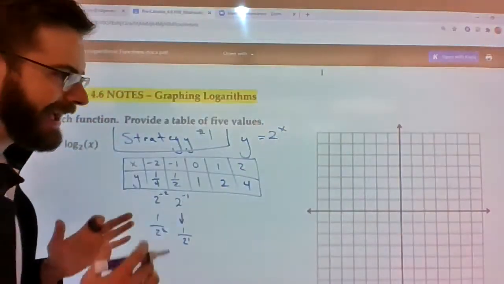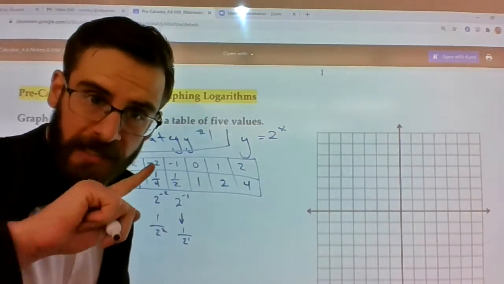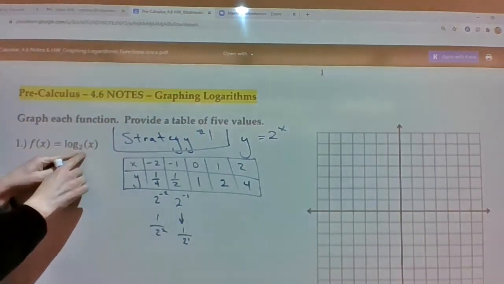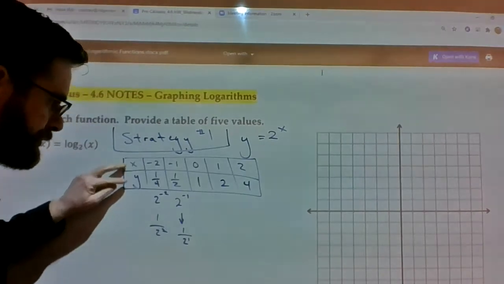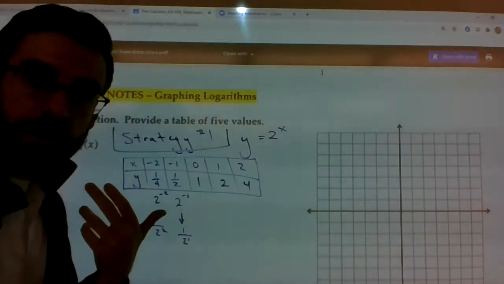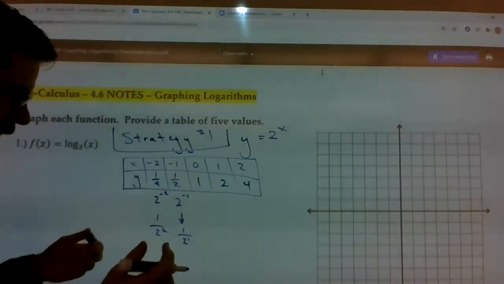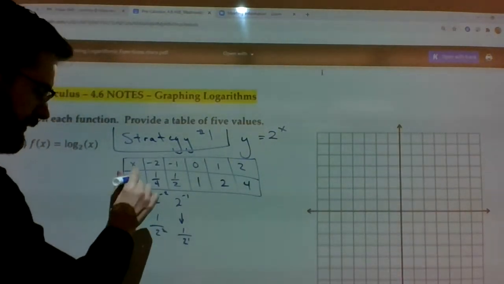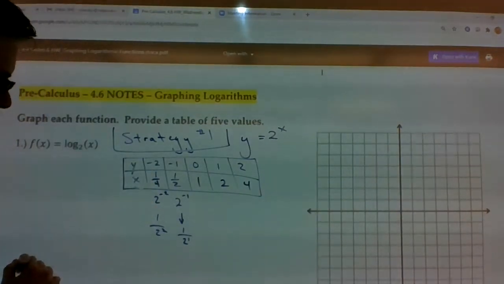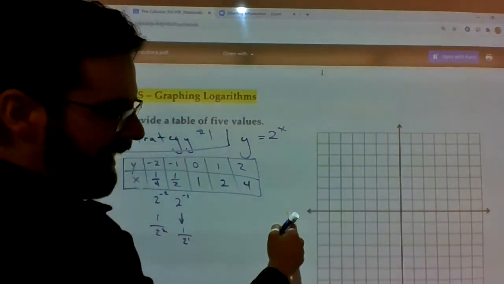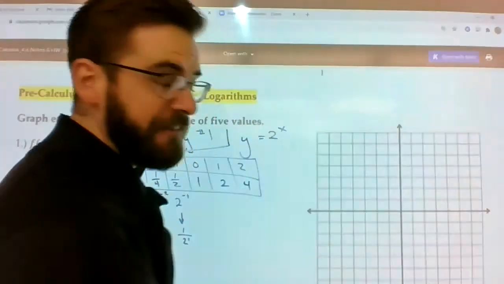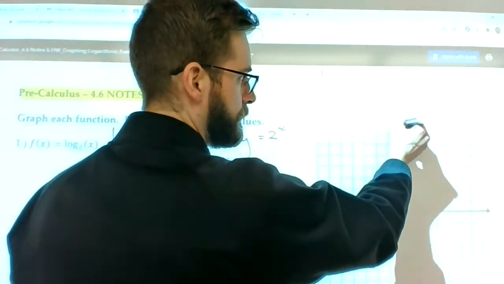Okay? Now, you are literally reversing the x and the y values to graph log base 2 of x, because for the inverse function the x's and the y's are switched. So I'm switching the x and the y. So instead of having a horizontal asymptote at 0, I now have a vertical asymptote at 0.